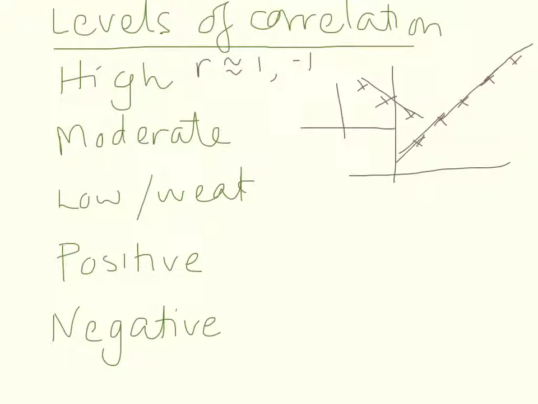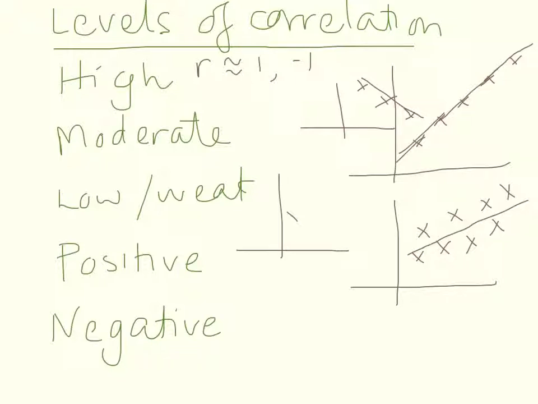Moderate is when you have a clear trend, but not everything is on the line. Like that, say. A low or weak correlation is when you can vaguely see a trend, but only just. Maybe something like that. A positive correlation goes uphill from left to right. As x increases, so does y. A negative correlation goes downhill.